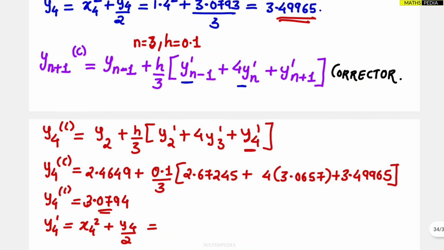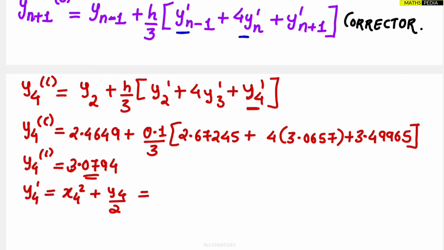See, last particular thing, y4 value we got as 3.0793. Here you have got 3.0794. Okay, so this particular value we got.